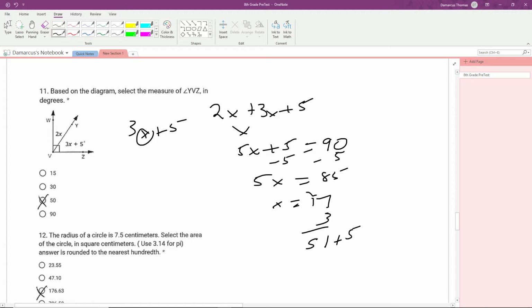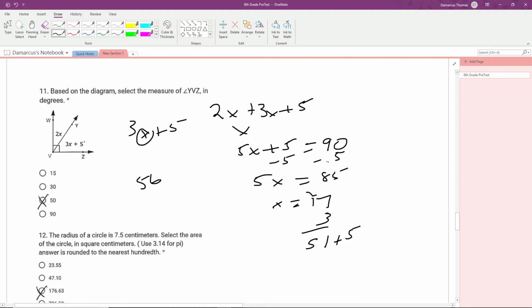Now it says select the measure of YVZ. Well, it says 3x plus 5. Well, that's odd. We got 56 for ours. Let's just double check this. We have 2x and 3x plus 5 together makes 90.